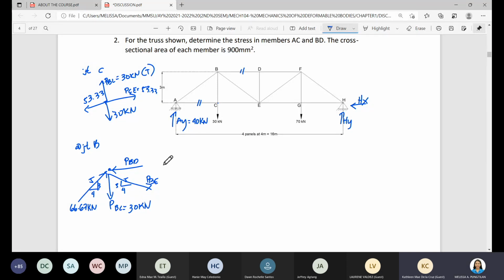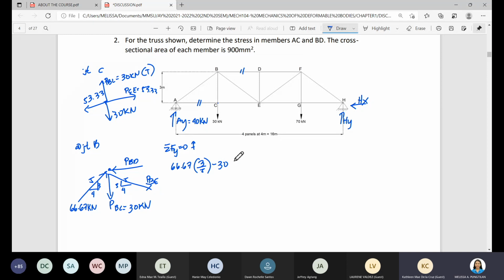So, kunin natin, ano pa pinapakuha? BD. So, kunin muna natin yung forces along y direction is equal to 0, upward as positive. So we have 66.67 slope 3 all over 5 minus 30 ito.